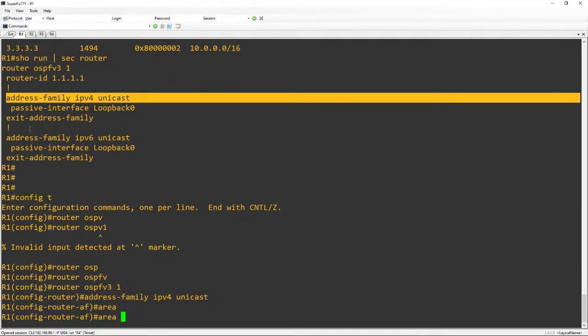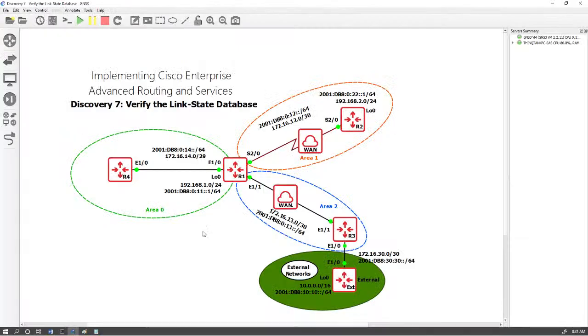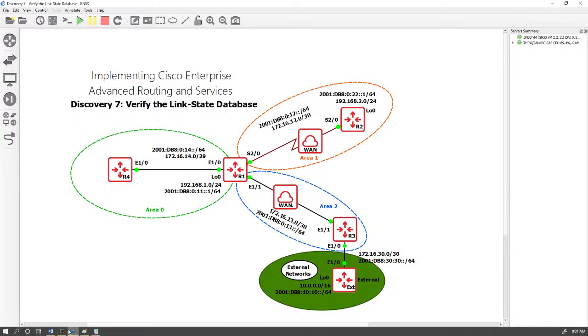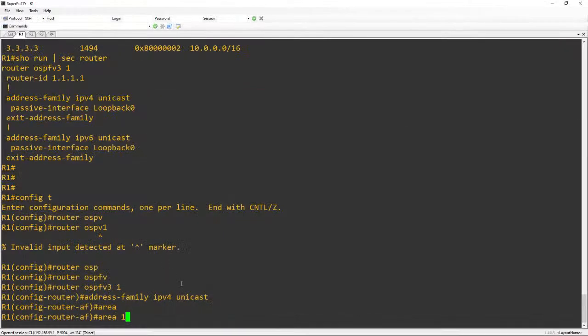And we're going to simply say area range. Now, when we use the area range command, we always specify the area from which we're summarizing, not to which we're summarizing. And we're summarizing from area 1. All right? Again, we'll see this later on.